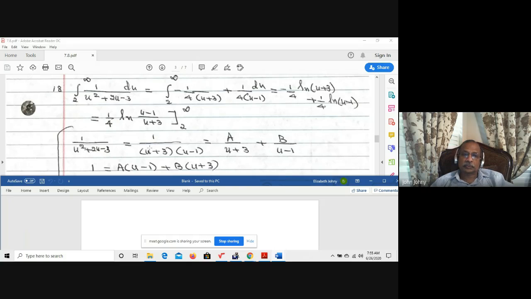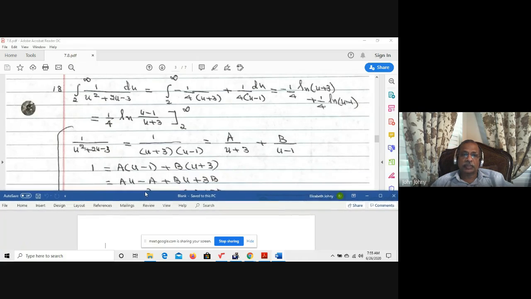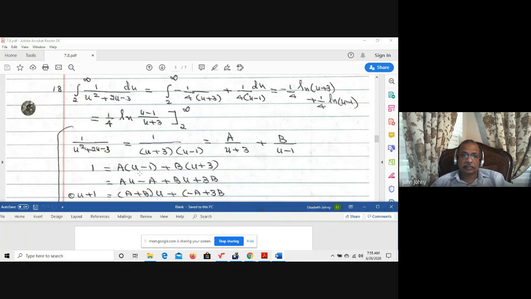So you get u plus 3 and u minus 1 cancels on the left. You get 1 on the left. a times (u minus 1) plus b times (u plus 3). Distribute. That is au minus a plus bu plus 3b. Combine like terms. 0u plus 1 is the left side. au plus bu is (a plus b) times u plus (negative a plus 3b).